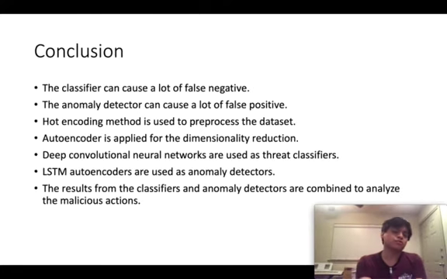For the conclusion, the classifier can cause a lot of false negatives, and the anomaly detector can cause a lot of false positives. I applied the one-hot encoding method to the CMU CERT r4.2 dataset. An autoencoder is applied for feature extraction, which is dimensionality reduction.